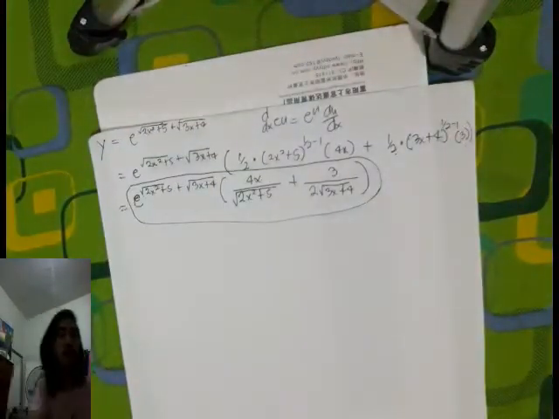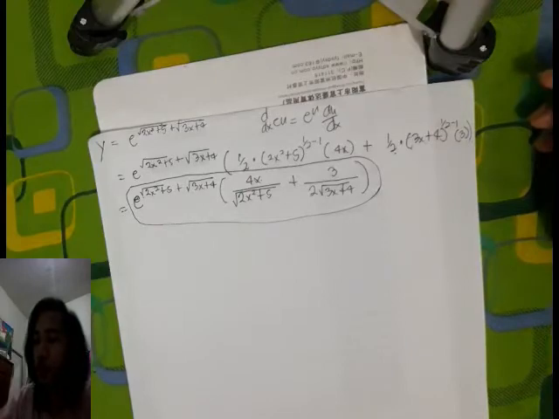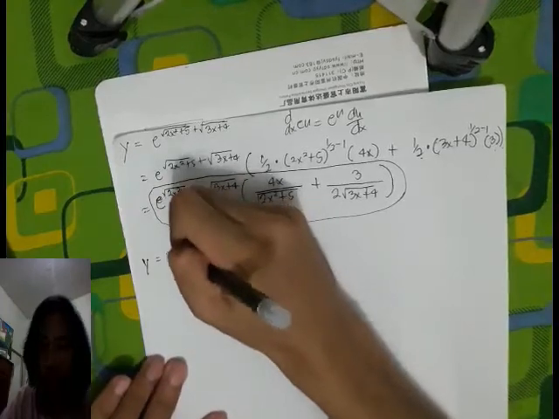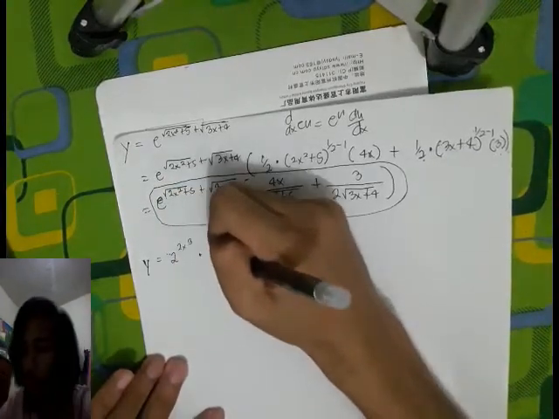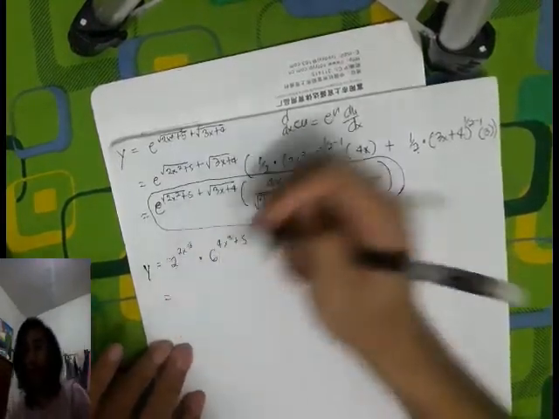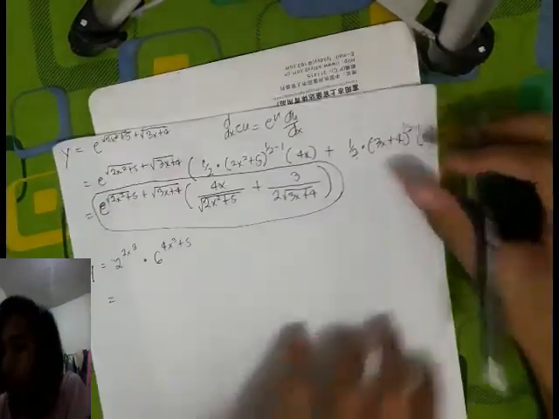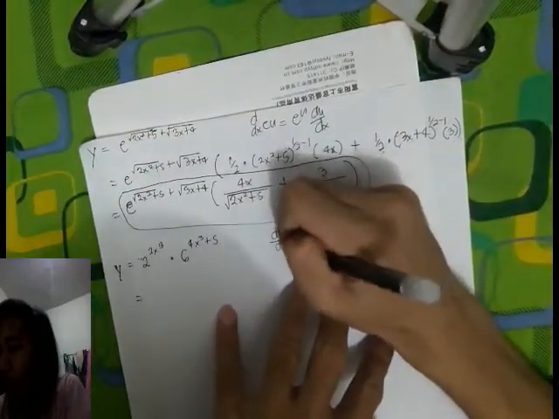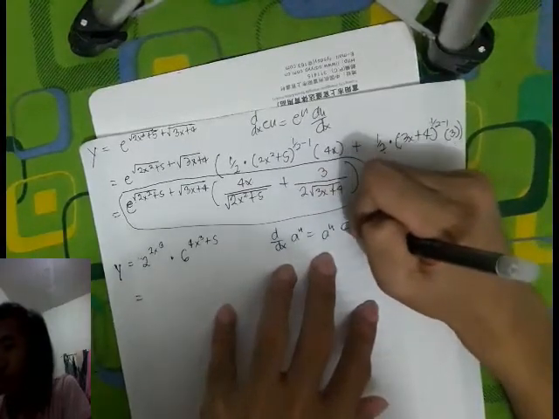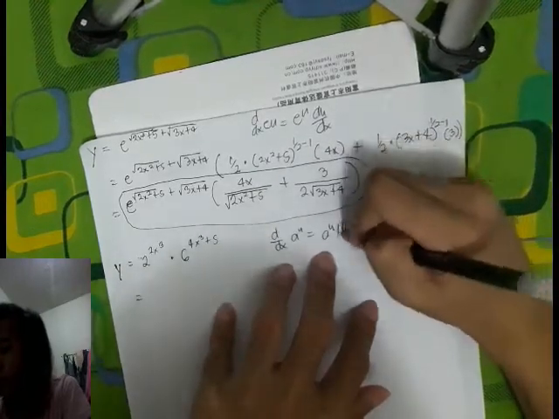If we have a base of a constant number, for example this one, 2 to the power of 2x cubed times 6 to the power of 4x cubed plus 5, the formula for the base of a constant number is: the derivative of a to the power of u is equal to a^u times the natural log of a times the derivative of u.